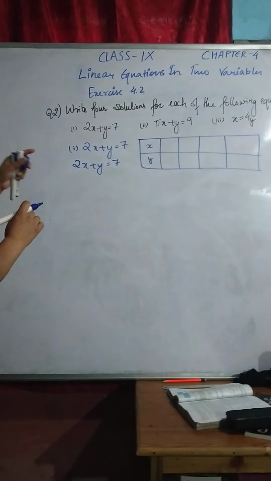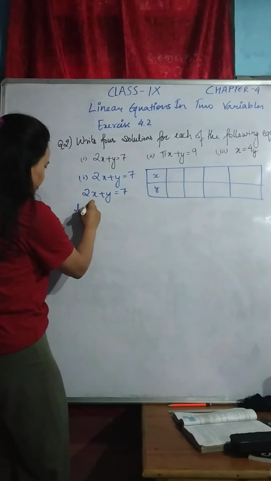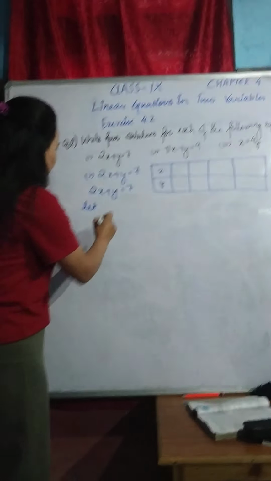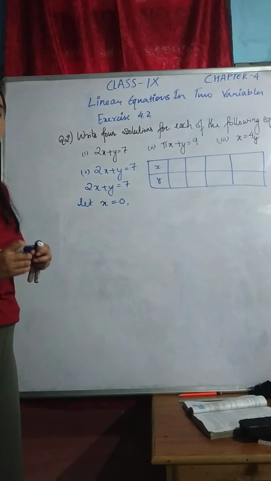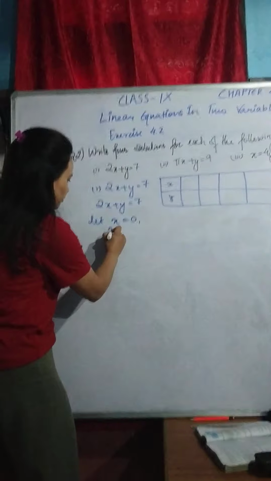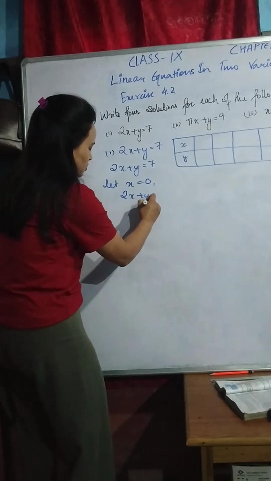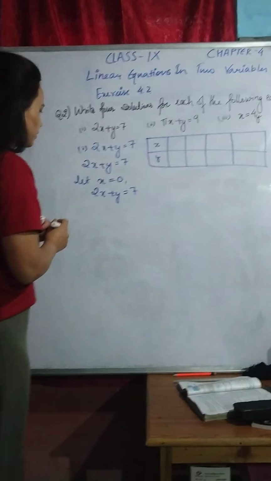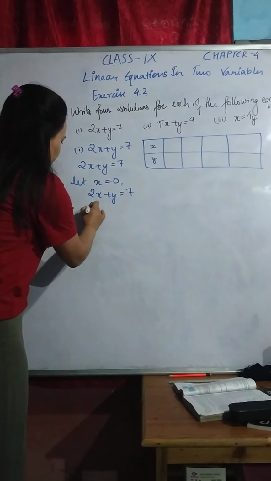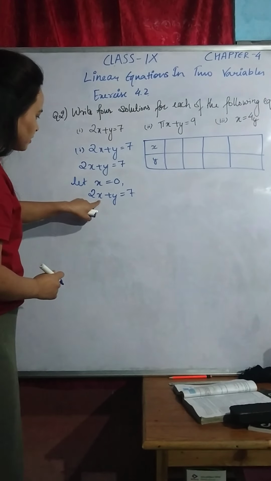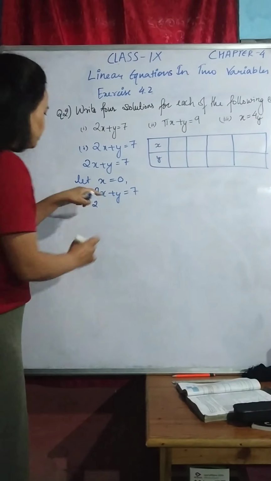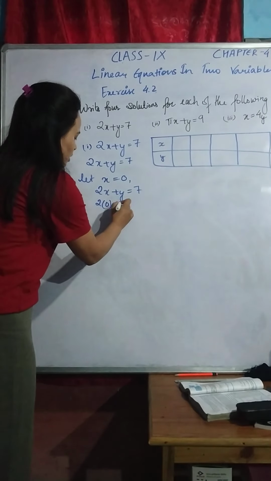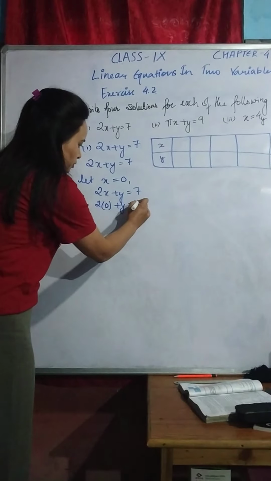So let me assume the value of x in this equation. Okay, so if I assume the value of x as 0, this equation will become 2x plus y is equal to 7. Now 2 we have to write as it is. In place of x, we are assuming the value of x is 0, so replace this x by 0. So 2 times 0 plus y is equal to 7.